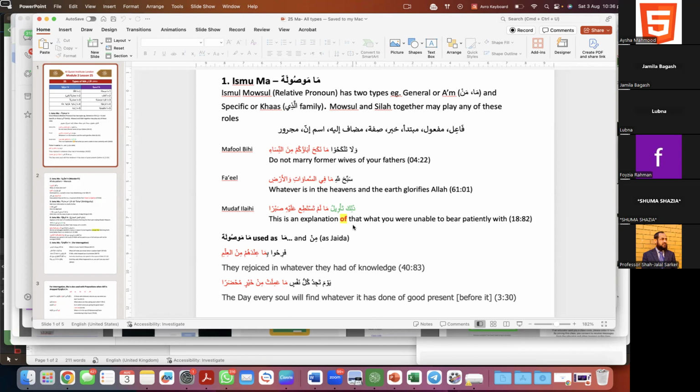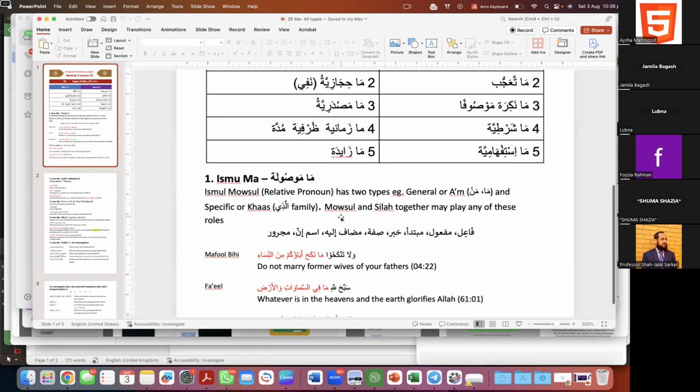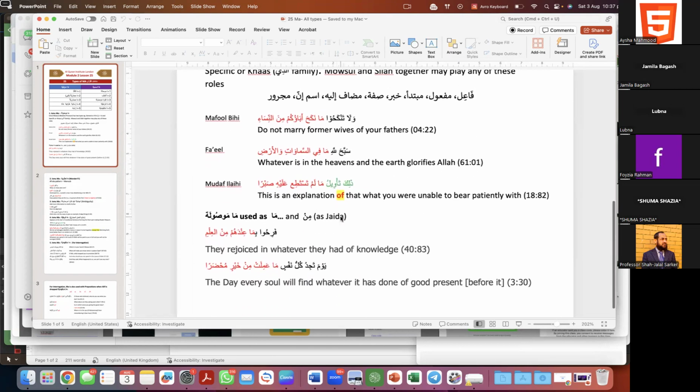First example, you can read: La tankahu ma nakaha abaukum minan nisa'i. La tankahu, do not marry; it is nahi, the nun dropped, clear? So don't marry.